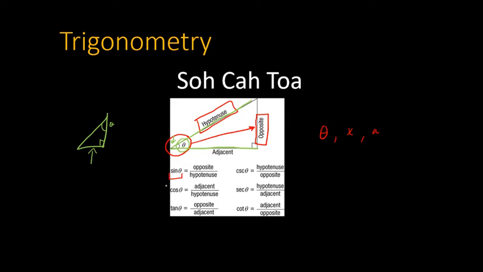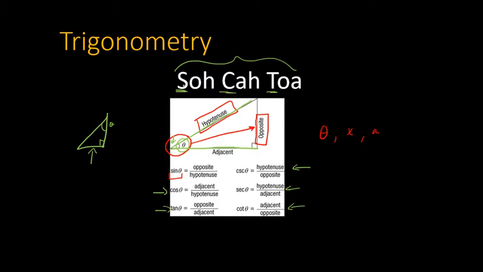Now, there are other properties such as cosine, tangent, cosecant, secant, and cotangent. These are all important, but we're not going to focus on them today. SOHCAHTOA is a mnemonic device, or in other words, a helpful memorization tool to help you remember how to find sine, cosine, and tangent.